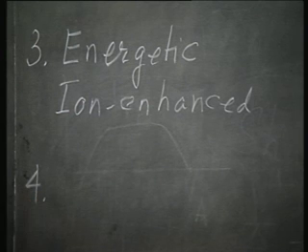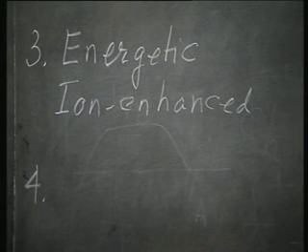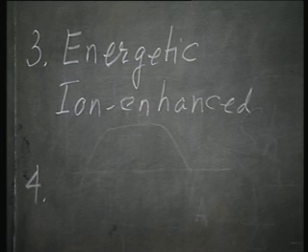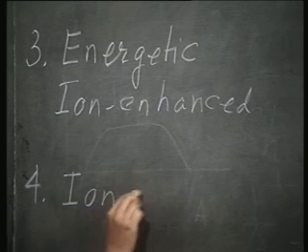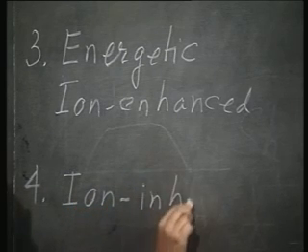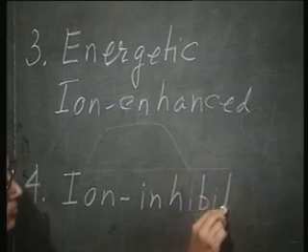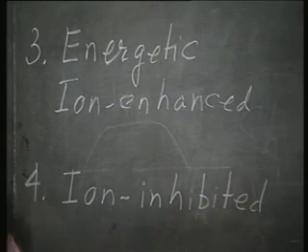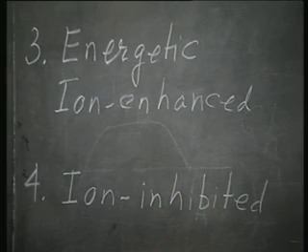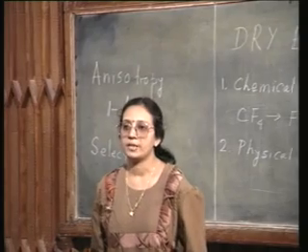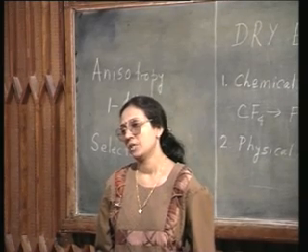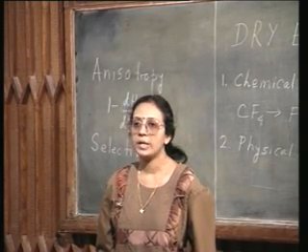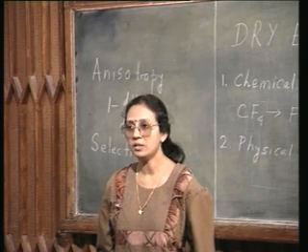And I have a fourth mechanism which is called ion-inhibited etching. Again, let me take up an example. Let us say I am trying to etch heavily doped silicon with chlorine.